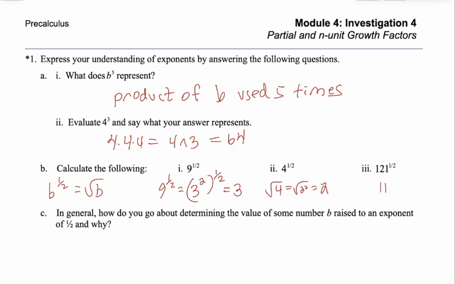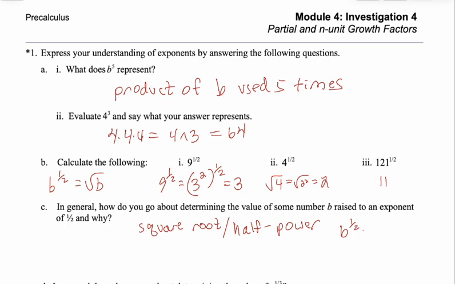Okay, so you can think about this as a square root. You can think of it as just a half power. And you can go from there. You can also think if I have a half power and another half power, I should get that base number if I multiply them together.